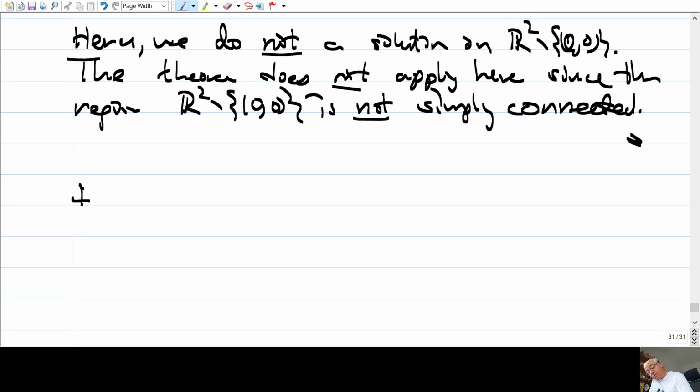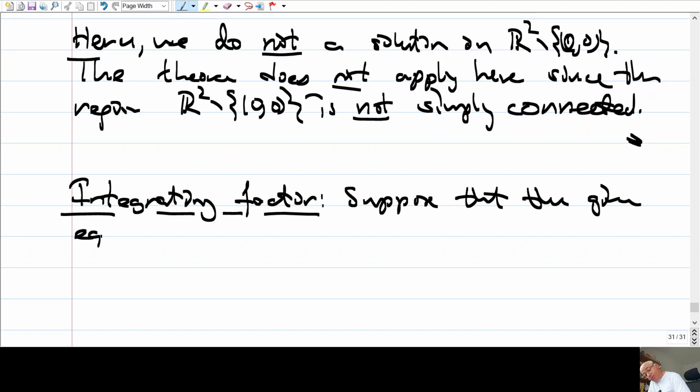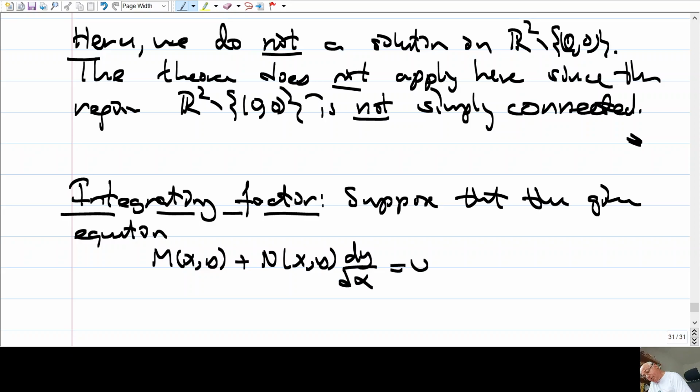Okay, now let's see what's an integrating factor. Suppose we have a differential equation and it is not exact. Suppose that the given equation M(x,y) dx plus N(x,y) dy equals 0 is not exact.